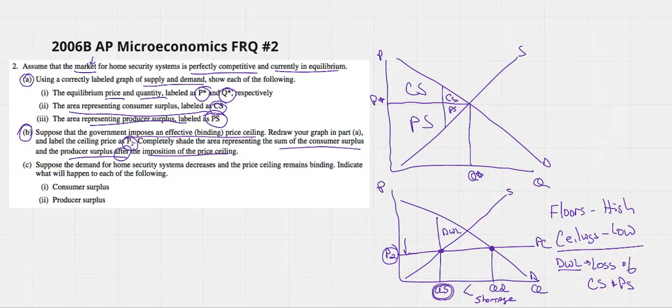I'm going to back this up a little bit, get rid of some of this. There we go. I think we're good. All right, we've got our price ceiling. We do need to show the new area of consumer surplus. Remember, consumer surplus is everything above the price but below the demand curve. So we can see that all of this area is consumer surplus. As that price goes down, consumer surplus would obviously increase.